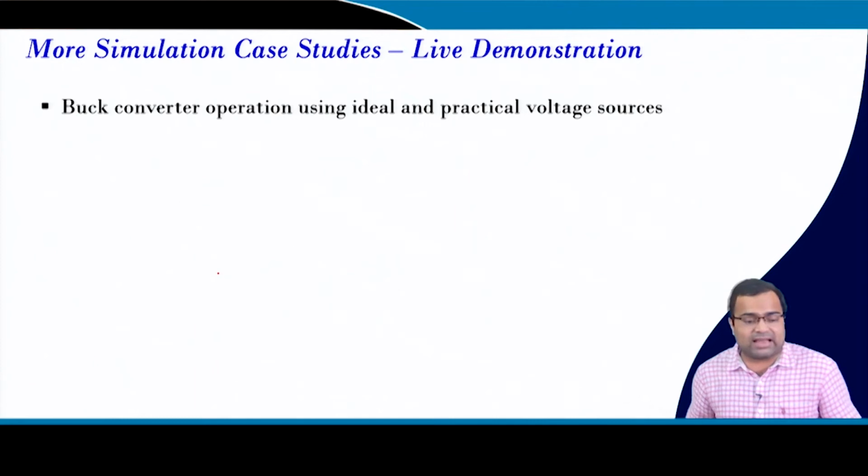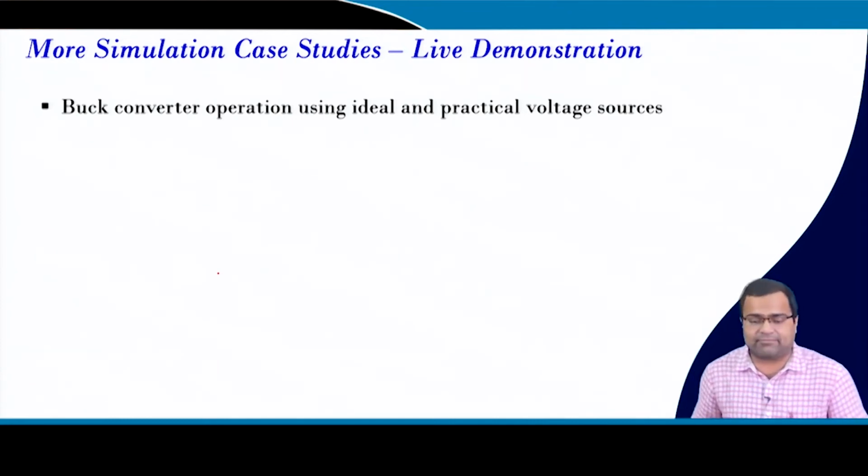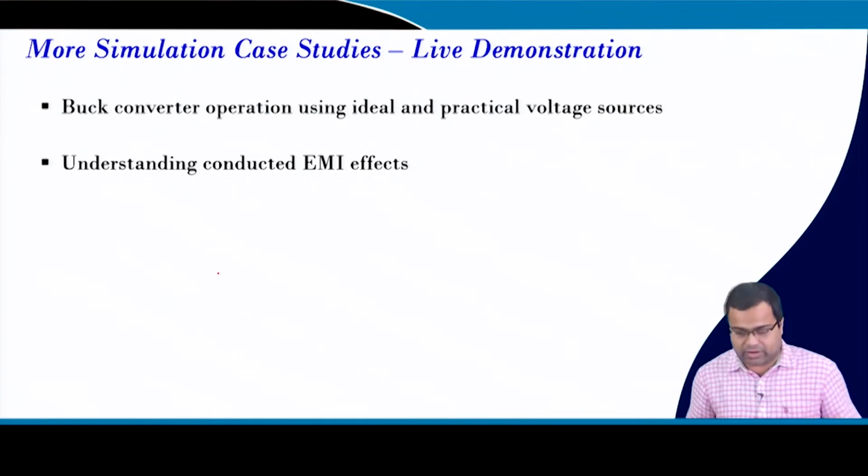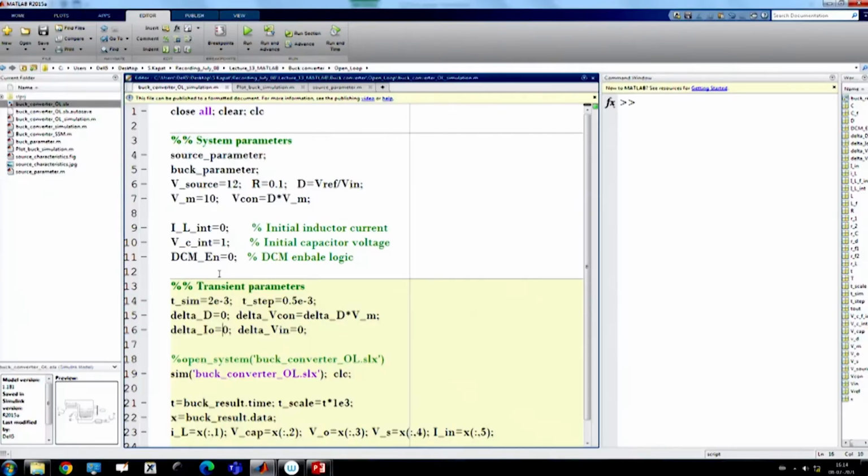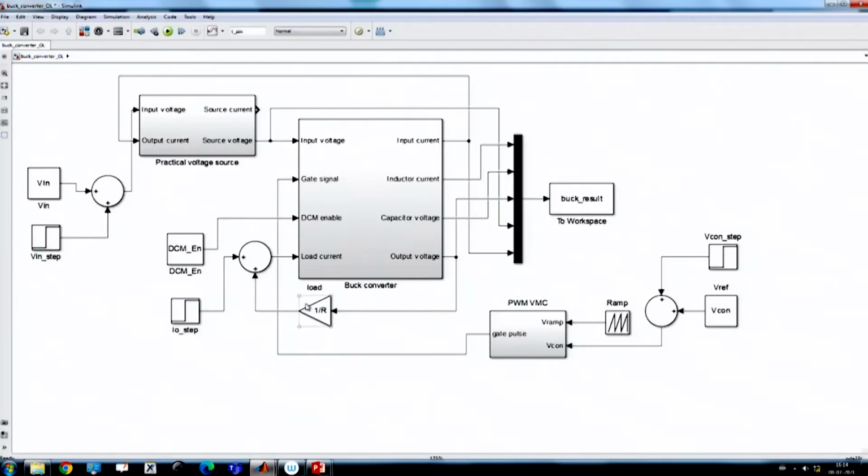A few more things we want to highlight: the buck converter operating using an ideal and a practical voltage source. First let us go to MATLAB, and one by one we will check. If you go to the Simulink model, you can see this block is our DC-DC converter, and this is the impedance of the practical voltage source, because ultimately the converter requires a supply, which is here.